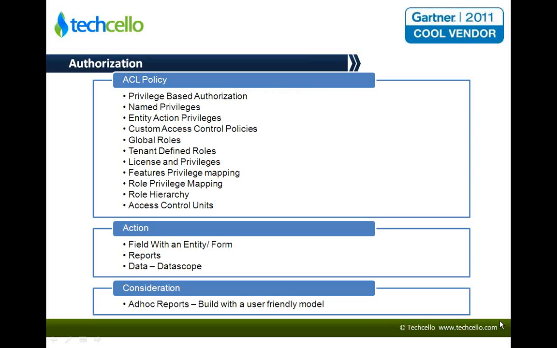So you should give tenants a very customizable access control policy, and they should be able to first define their own roles. Your application should now be written based on privileges rather than roles. In most on-premise apps, the general pattern is you write against roles. If you want to do an action, you check if the action can be performed by a role.